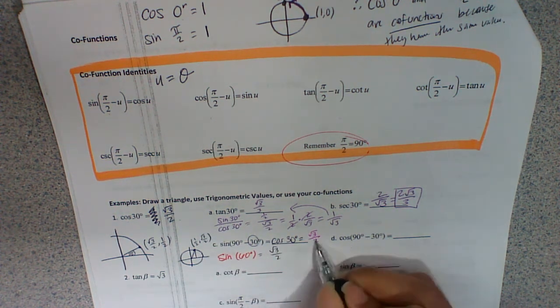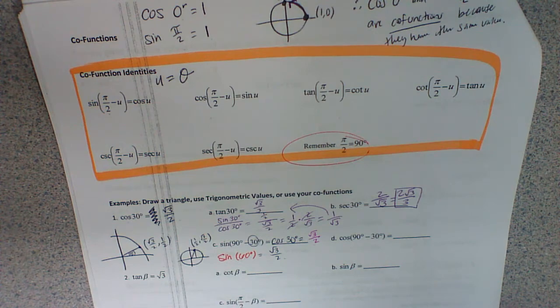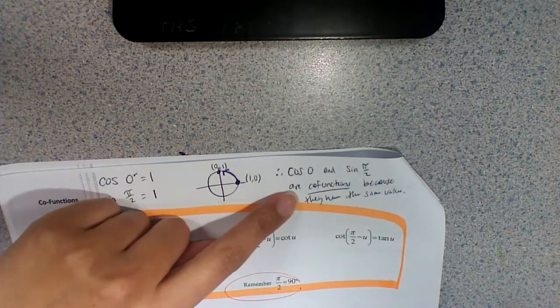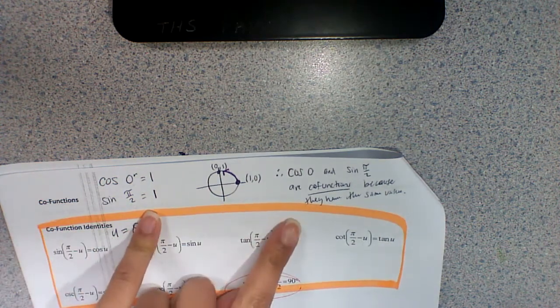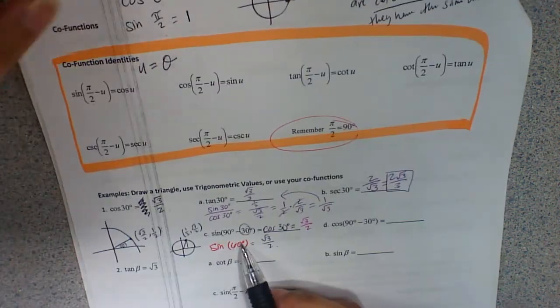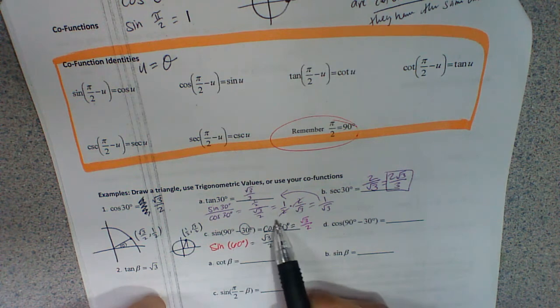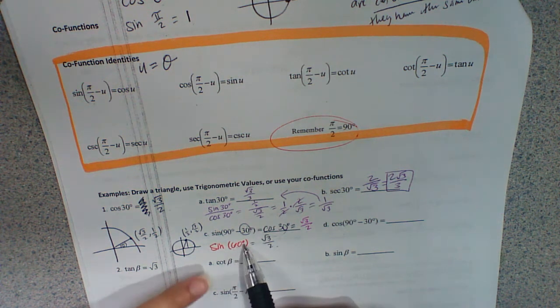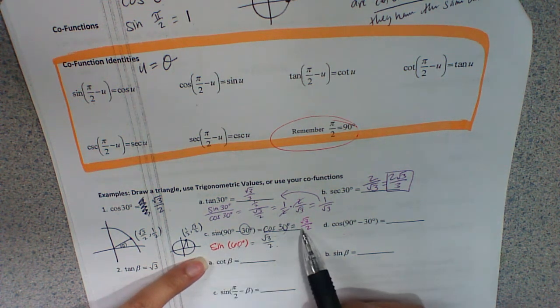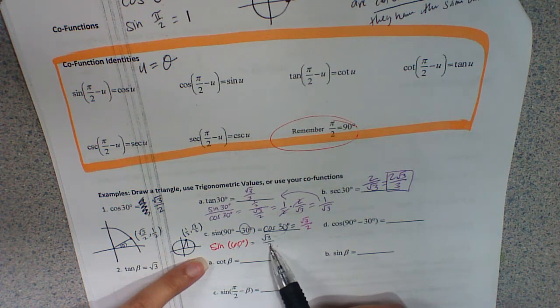What do you notice about these two answers? Yep, they are the same. And again, based on our explanation, based on our definition up here, I can say for this example that cos of 30 degrees and sine of 60 degrees are cofunctions because they have the same value.